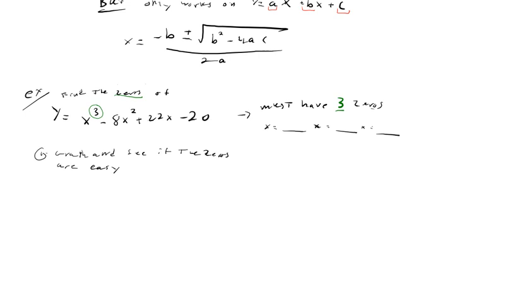Okay, let me share this calculator screen. All right, so go into the calculator, type in the equation. We had y equals x to the power of 3 minus 8x squared plus 22x minus 20. So here's my equation.